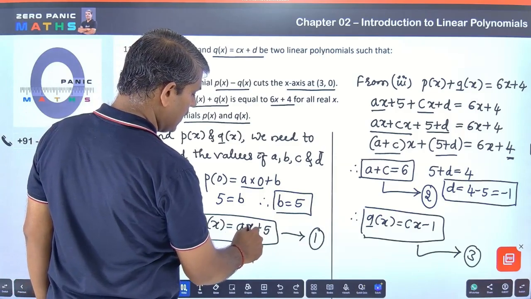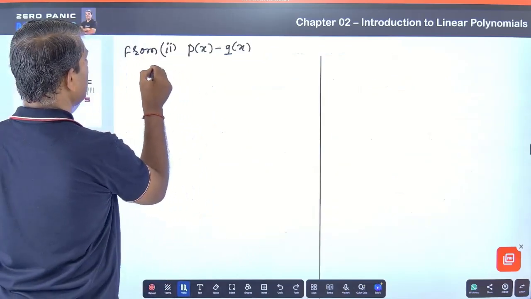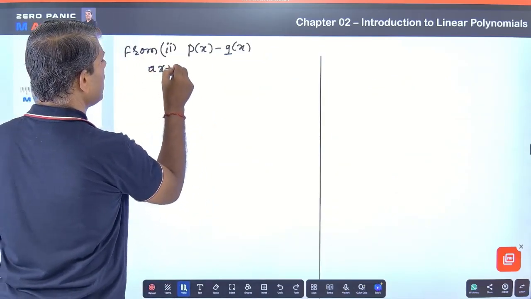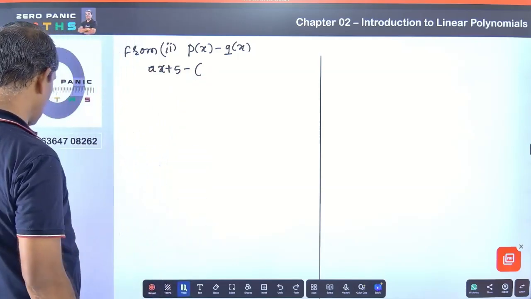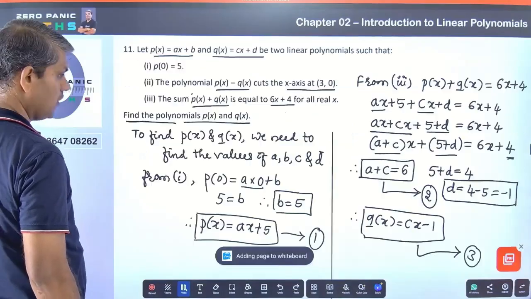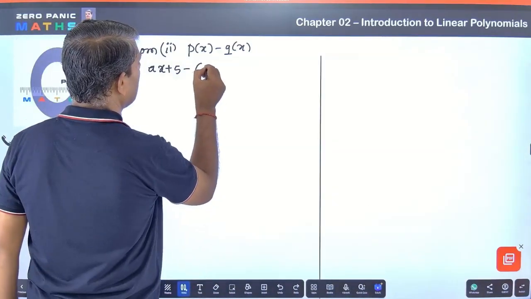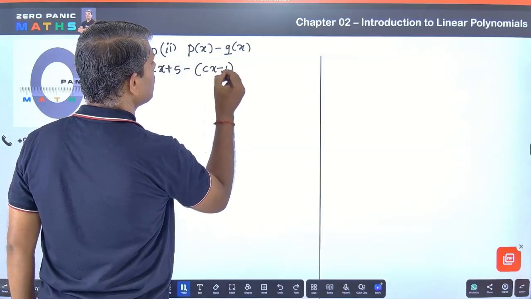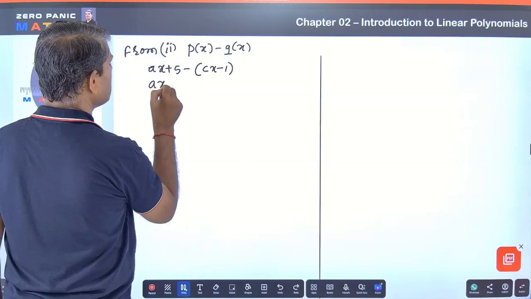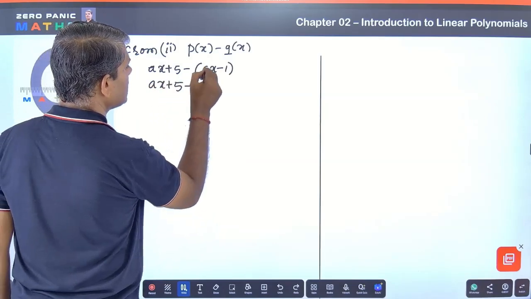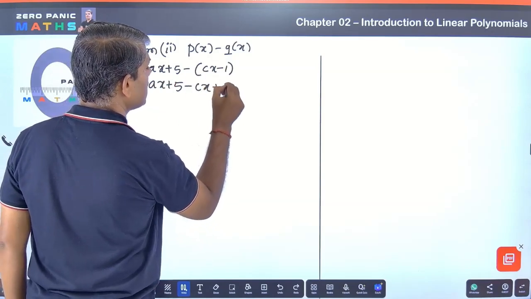Ax plus 5 is p of x, and then minus of what is q of x? Q of x is cx minus 1, right? Okay, let us find out the values of this first. Ax plus 5 minus cx, and minus into minus is plus 1.